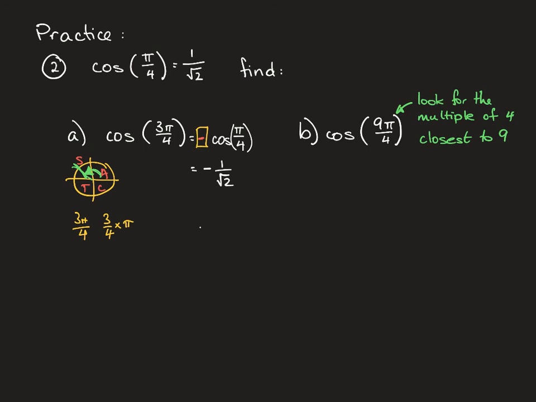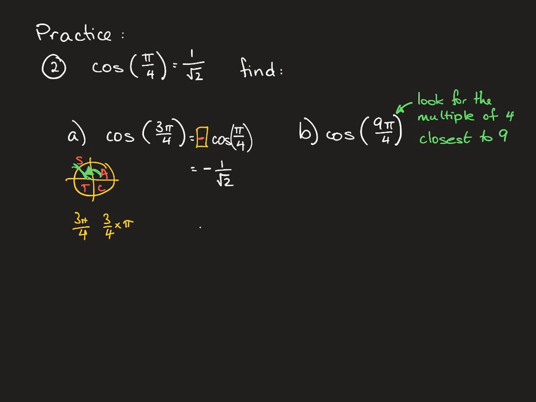Now our second example goes beyond our normal unit circle rotations. And so you can get some weird ones like this. You can even do something like cos of 9 pi on 4. And what you're looking for is what is the closest multiple of 4 that's close to 9. And that multiple of 4 is 8.